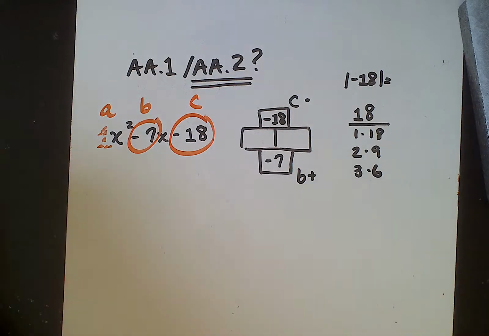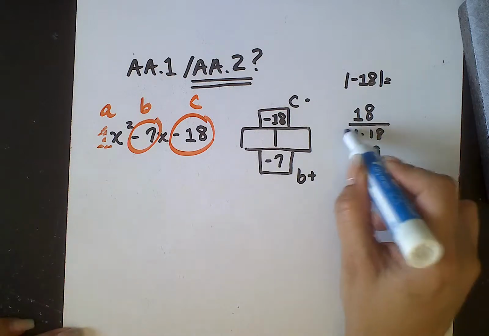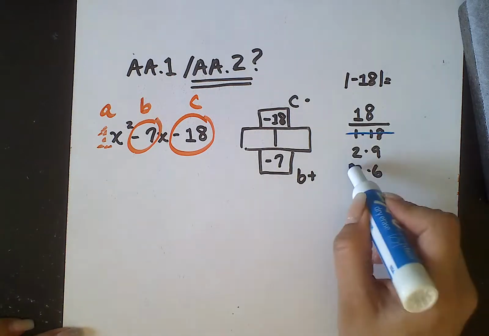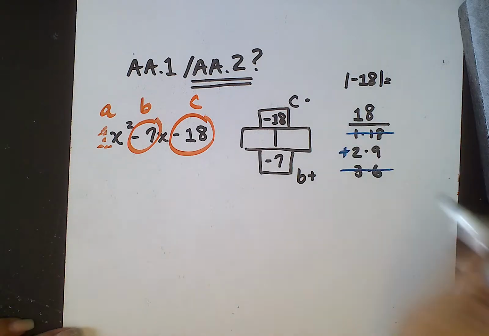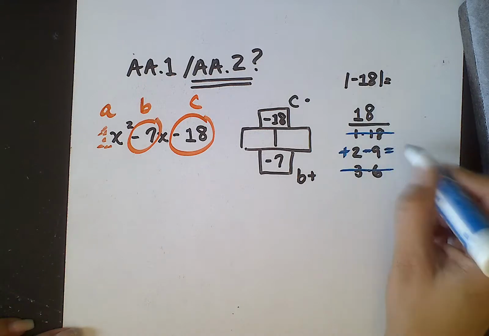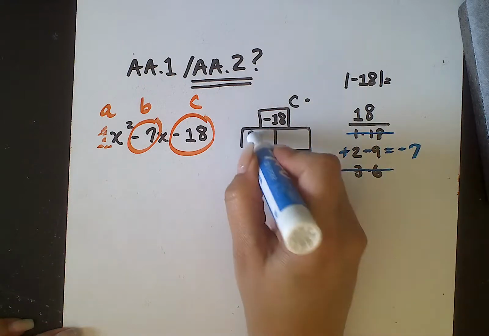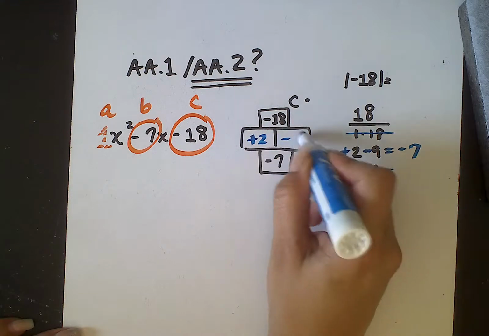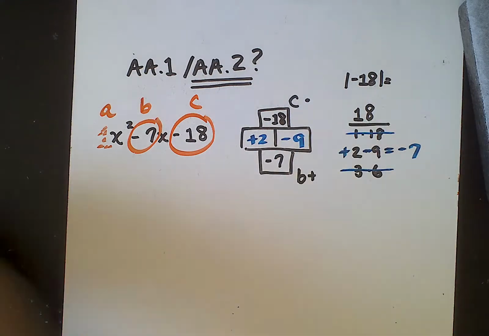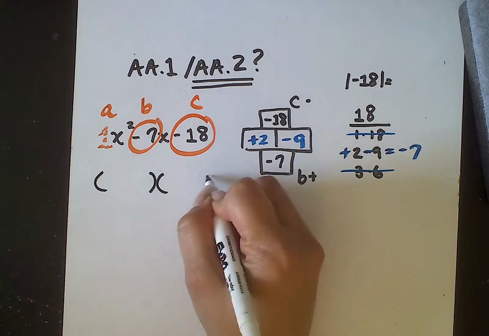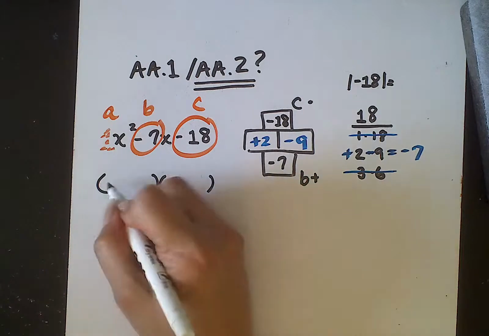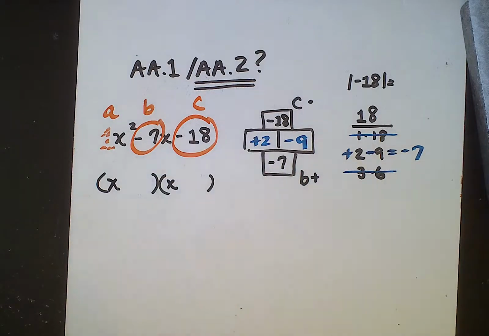So now I want to add or subtract these to get me -7. So these are not going to work. Neither will these, but here, if I have a +2 and a -9, that equals -7. So to write this in factored form, this trinomial, I would put down my 2 parentheses and my x and my x here.